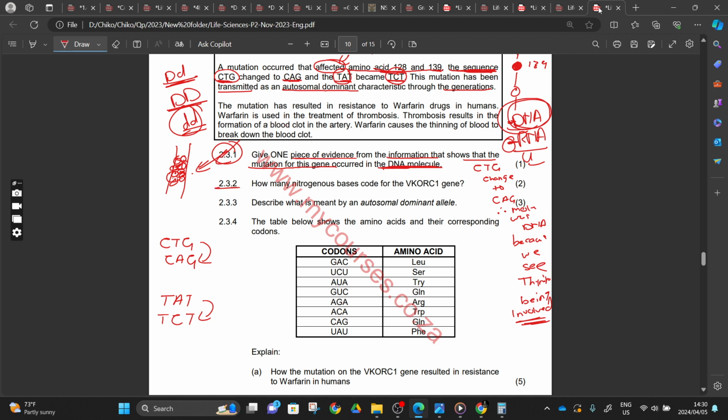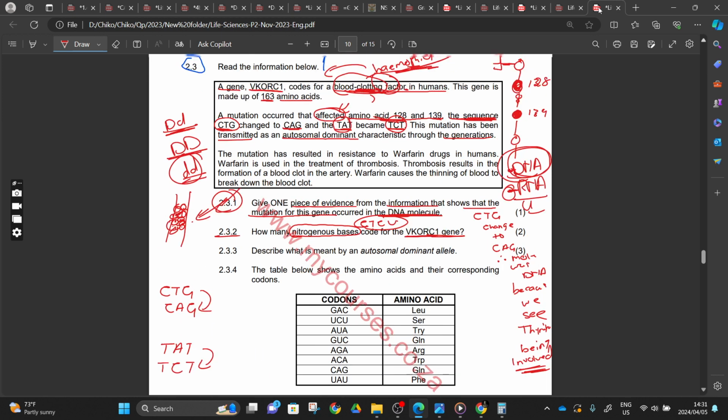So 2.3.2, they ask how many nitrogenous bases code for the VROC1 gene, right? Nitrogenous bases G, T, C, U. How many of them code for this?